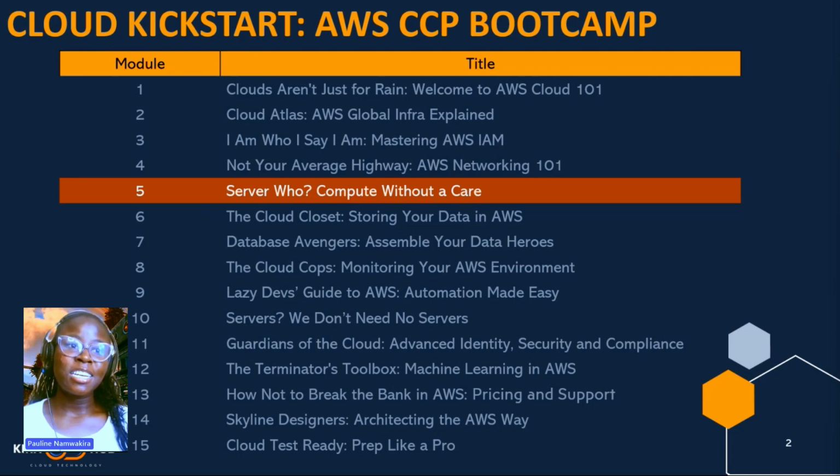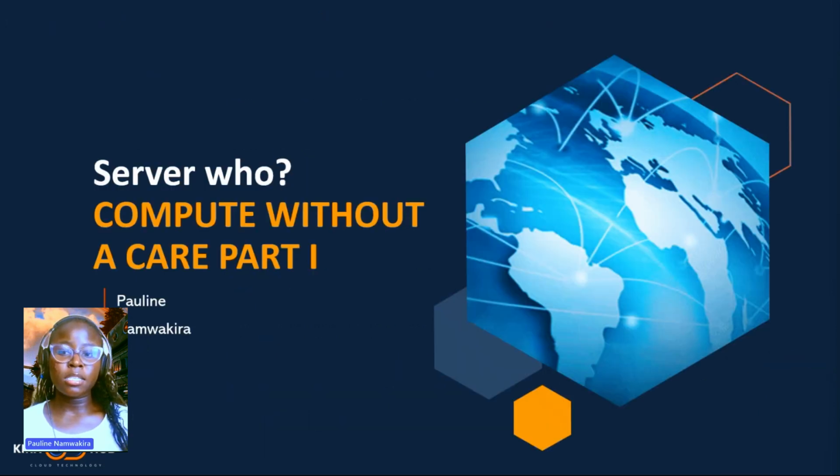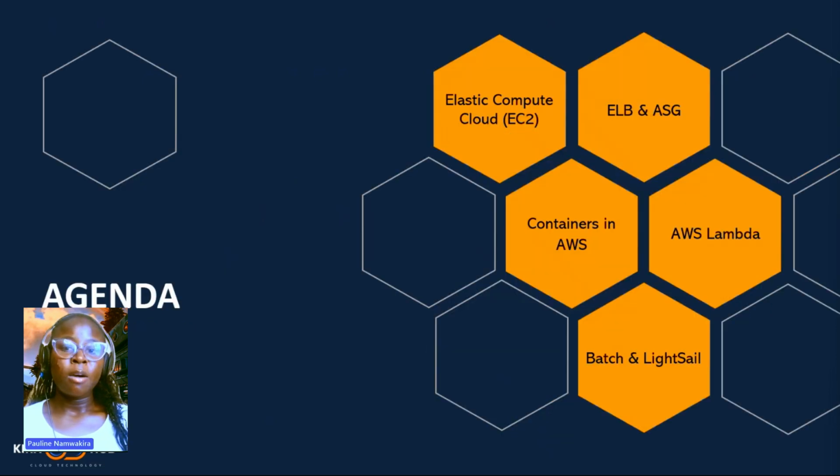So to get started, our module, who manages the servers within the cloud, compute without a care. What are we going to cover? We'll cover an introduction to Elastic Compute Cloud, what is EC2, elastic load balancing and auto scaling within the cloud.